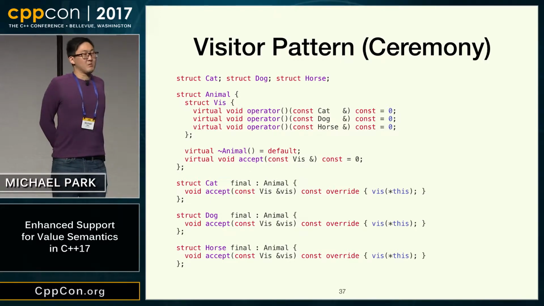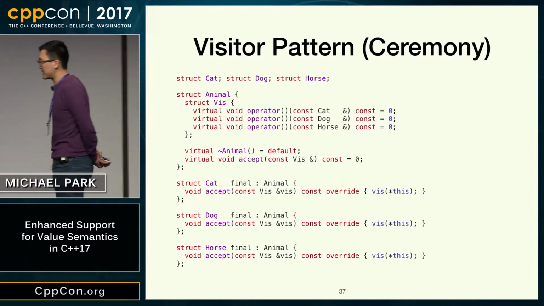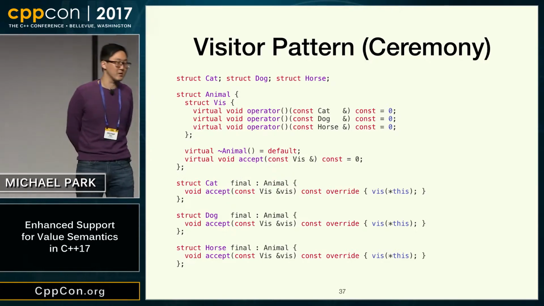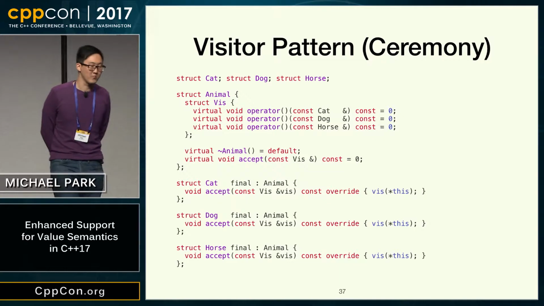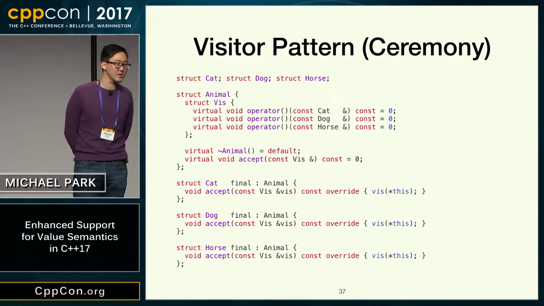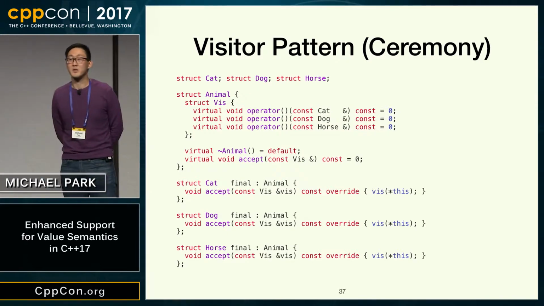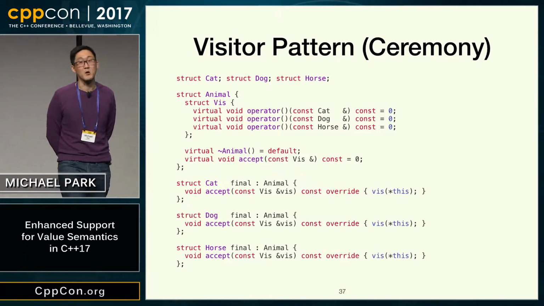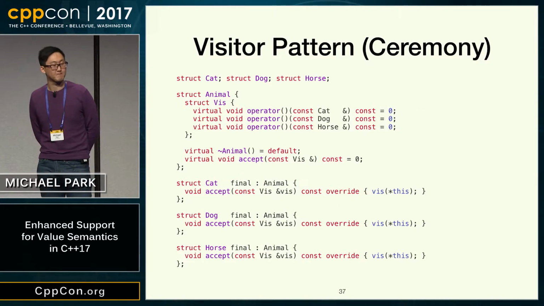Visitor pattern. The visitor pattern has existed for a long time. A lot of people have used it in the past, and this is the ceremony of how to set it up. We forward declare the final classes, we declare the abstract visitor, then all of the final classes define their accept functions where they pass along themselves so that we can figure out what the final type is.